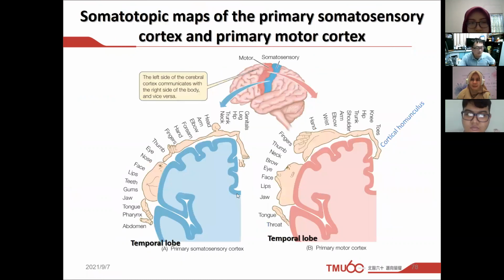Now I'm going to the last slide here. I think it's very interesting stuff. I told you, this is a very important part for motor and for sensor. Each particular position will respond to a different region, organ, or part of the body.